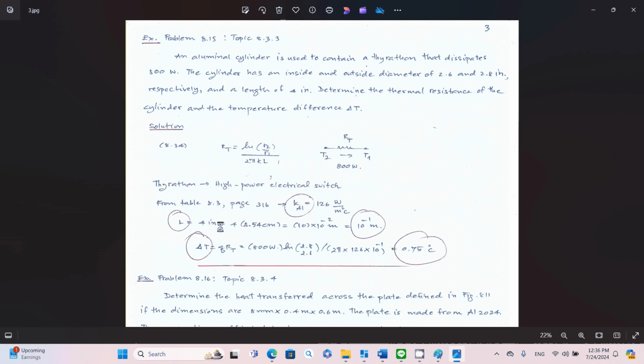You convert inch to meter, and you end up with 0.1 meter. So your delta T equals Q RT. That's 0.75 degrees Celsius. So that's the temperature difference.